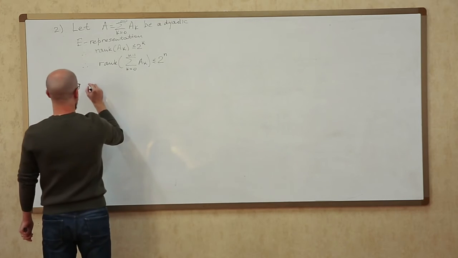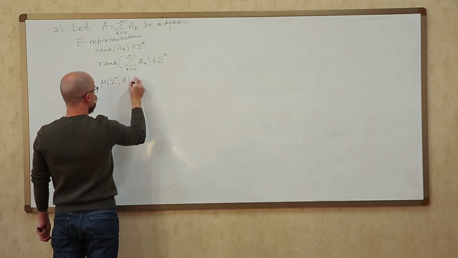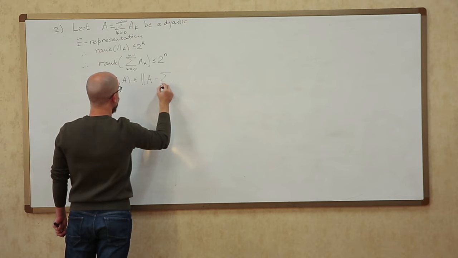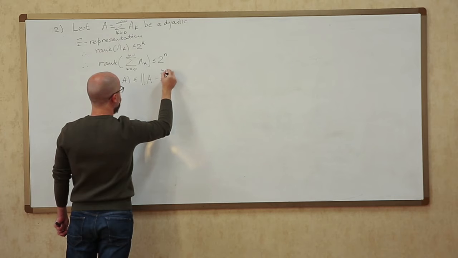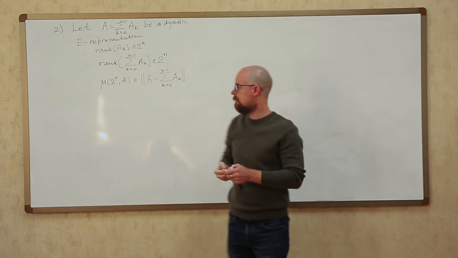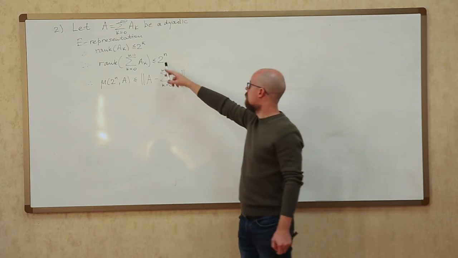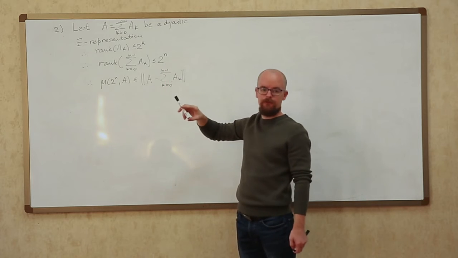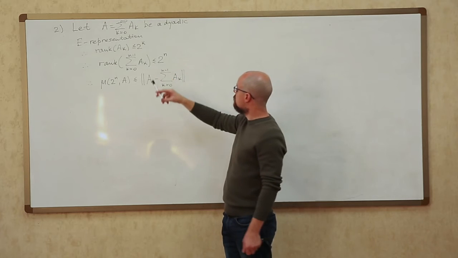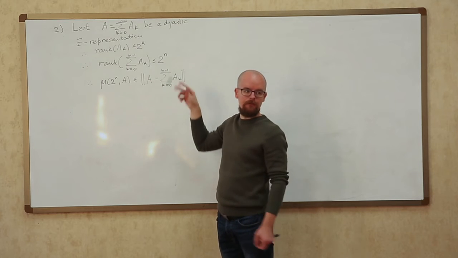Then mu of A at the point 2 to the power of n is less than or equal to this mu, because this has rank which is less than 2 to the power of n, and this is the infimum over all such sums. Again, since this is an E representation, this sequence belongs to E by definition.